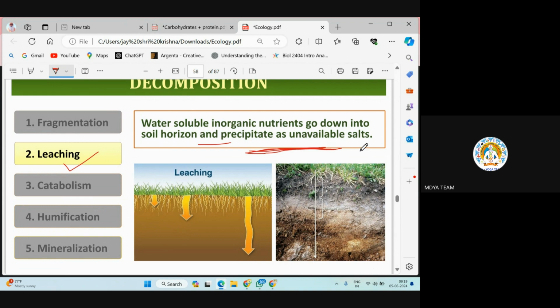In fragmentation, they were just breaking that leaf into small particles. With the small particles, the minerals that are present in the leaf will also accumulate in the soil. Because of this water, the water will absorb those minerals and take them deep inside the soil. This is known as leaching. Understood? Okay. Yes, sir.